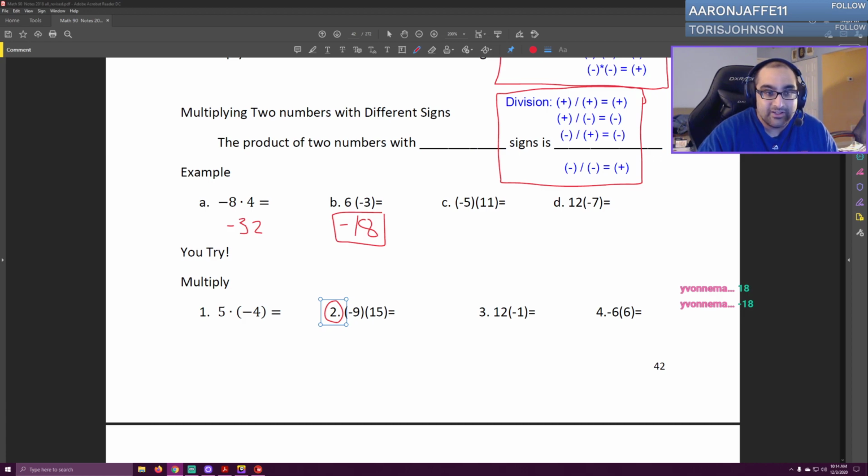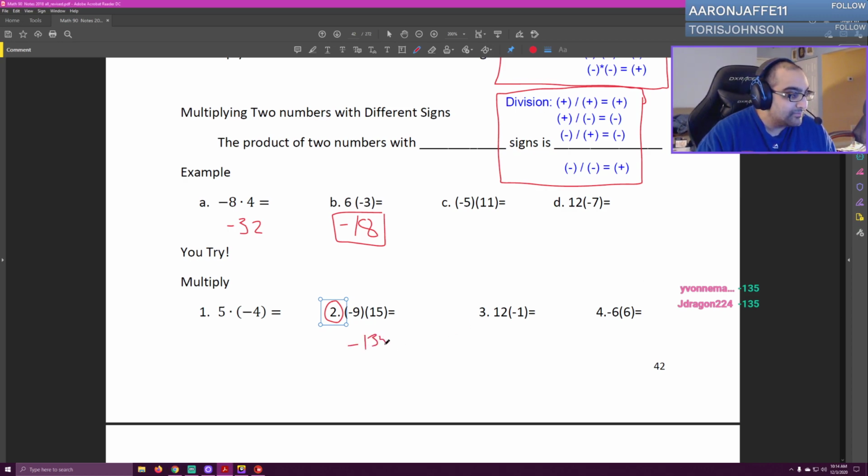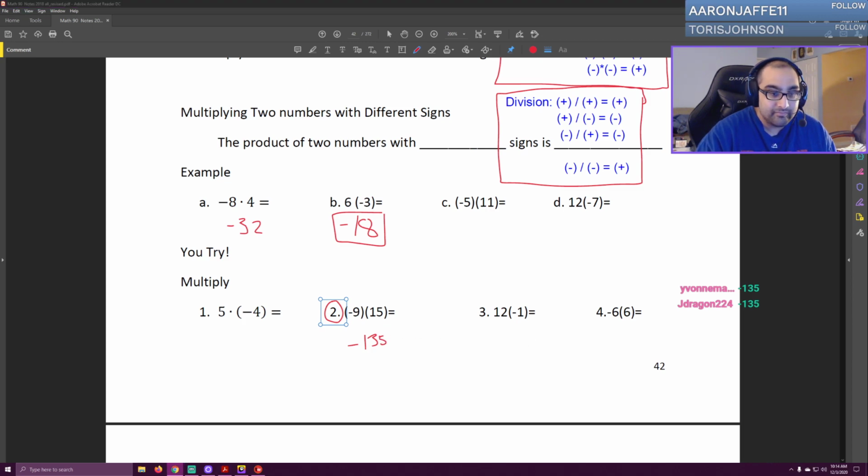What's that going to be? -135. Perfect. Excellent. Negative, because again, a negative times a positive, and then 9 times 15 is 135. Perfectamundo.